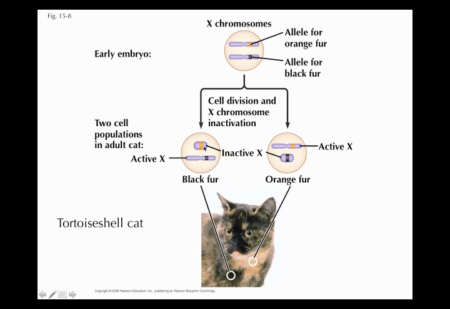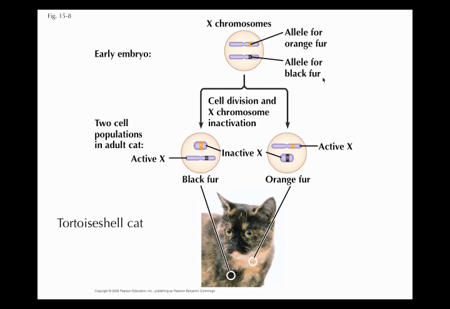Sometimes she inactivates the orange, so she'll get black patches, and sometimes she inactivates the black, so she'll get orange patches. I say she because these are 2 X's, right? So this is a female. Some people are familiar with the fact that you can only have female tortoiseshell cats, same with female calicos, and this is why.